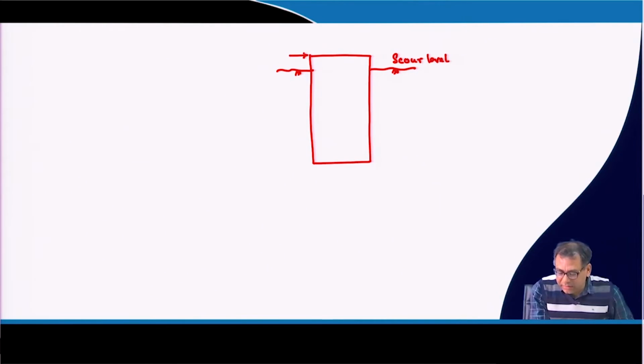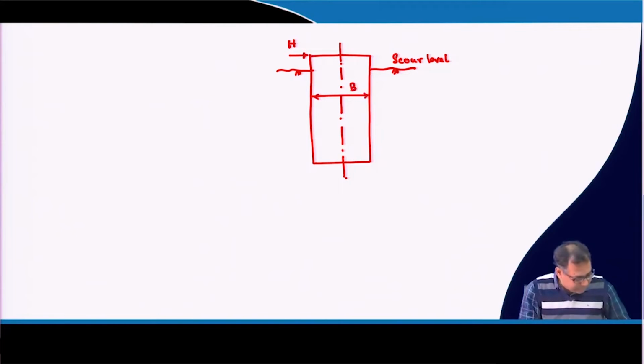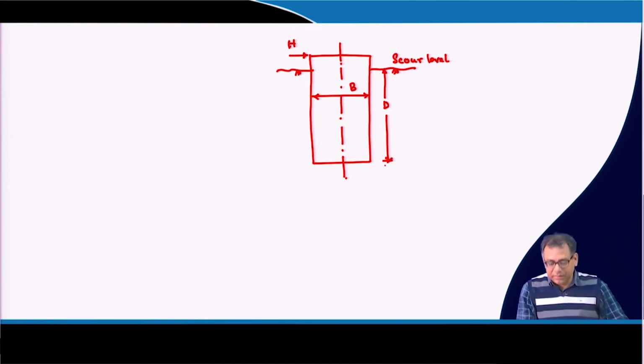And here the H is acting in this direction. Okay, this is the center line. This is B, and this one is the depth of well below the scour level.